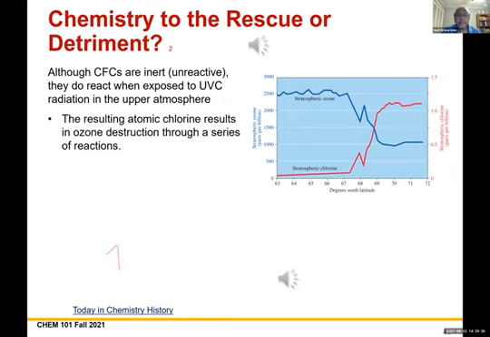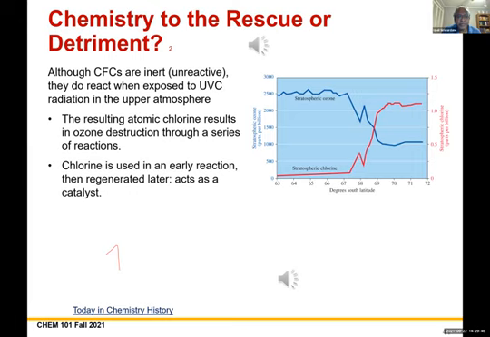The resulting monoatomic chlorine can break down ozone through a series of reactions. Chlorine is used in an early reaction, and it is a catalyst. A catalyst is something that increases the rate of a reaction without being consumed. Therefore, the effect of chlorine is bad.